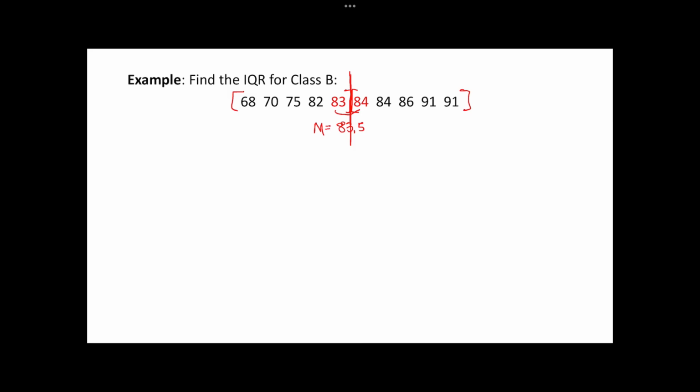Now, I have 5 numbers to the left of the median. So the middle of those 5 numbers is 75. This is going to be my Q1. And I have 5 numbers to the right of the median. The middle here is 86. This is Q3. The interquartile range is Q3 minus Q1, or 86 minus 75, which gives me 11.